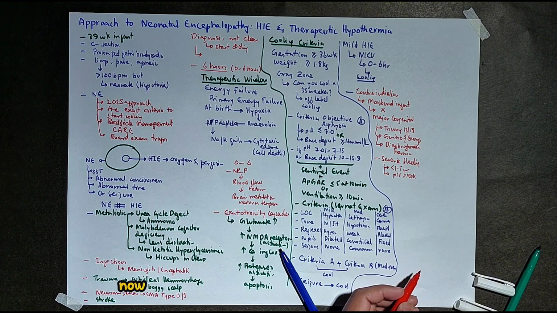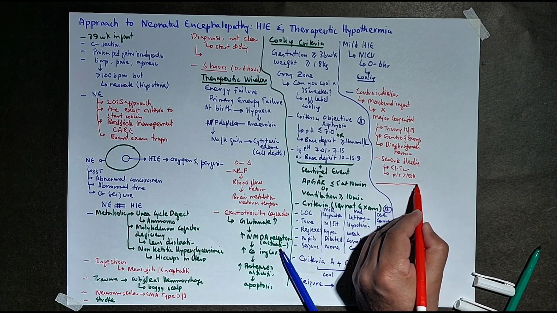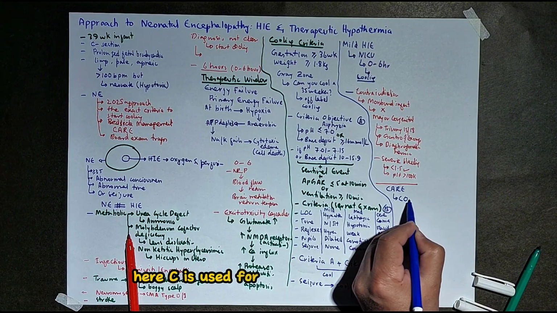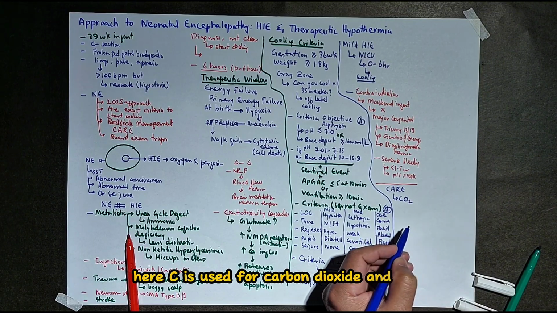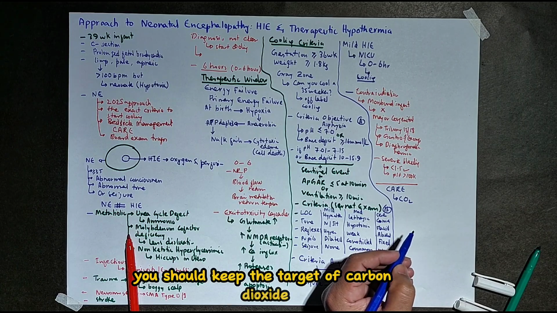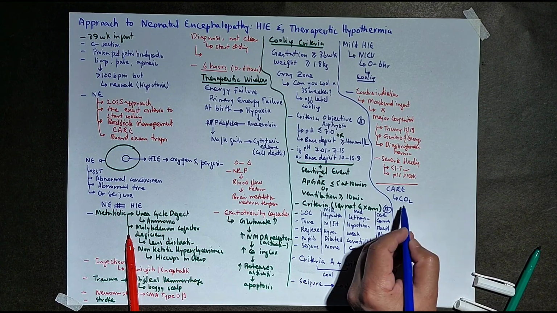Now, we come to the management protocol, that is using a CARE mnemonic. Here C is used for carbon dioxide and cardiac. You should keep the target of carbon dioxide 40 to 50 millimeters of mercury because hypocapnia is dangerous.